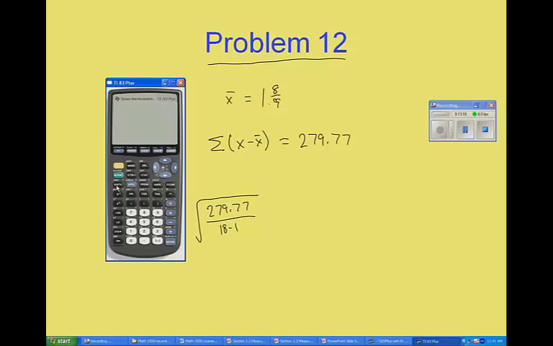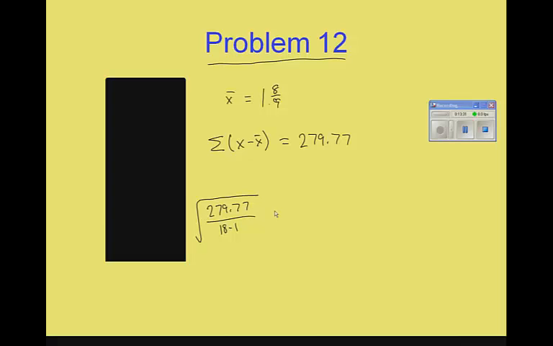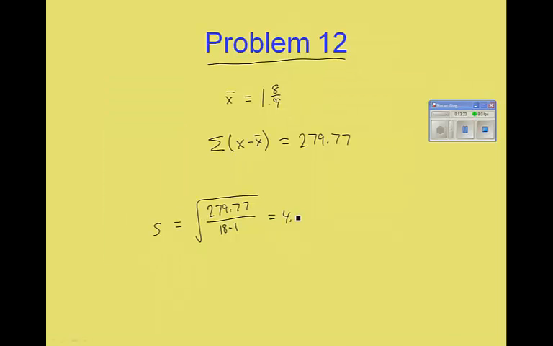And I want the square root of 279.77 divided by, and I'll just put in 17. Is that okay? That's going to be S. 4.05. 4.06 if I round.